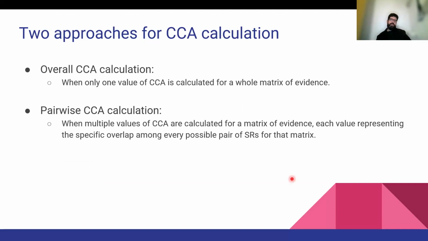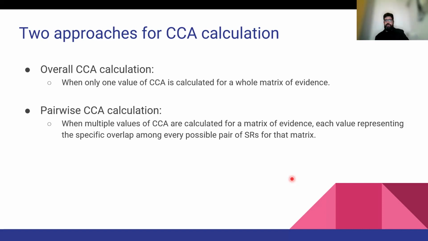So these are the two basic concepts for understanding overlap. Also, we have described two approaches to calculate overlap. So we have an overall CCA calculation, and that is when we only provide one value of CCA for the whole matrix. And we may take a pairwise CCA calculation. That is when we provide multiple values of CCA, and each value represents the specific overlap among a specific pair of systematic reviews for that matrix.